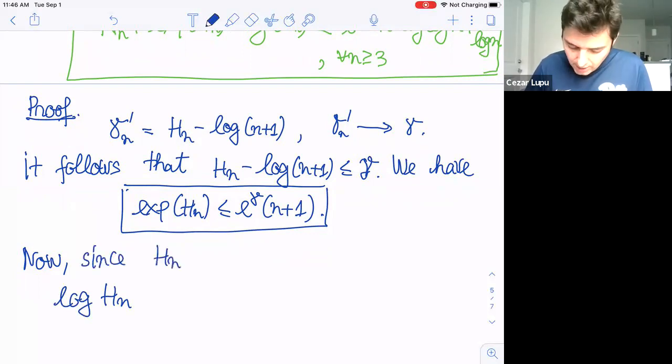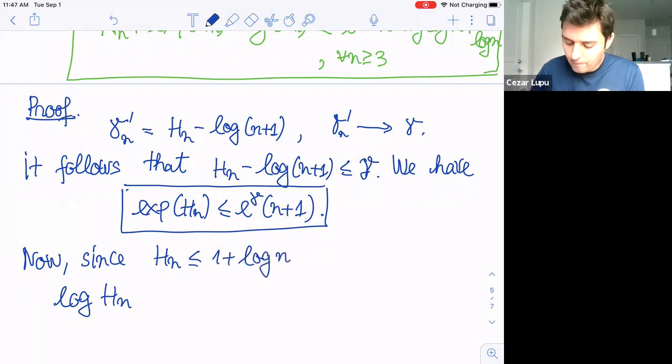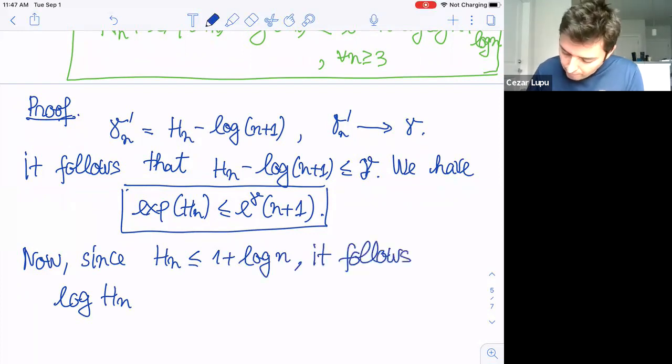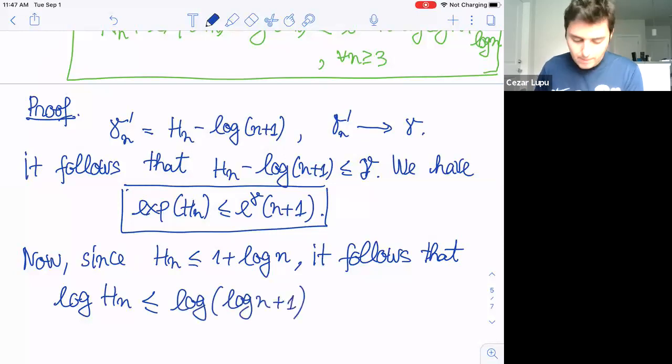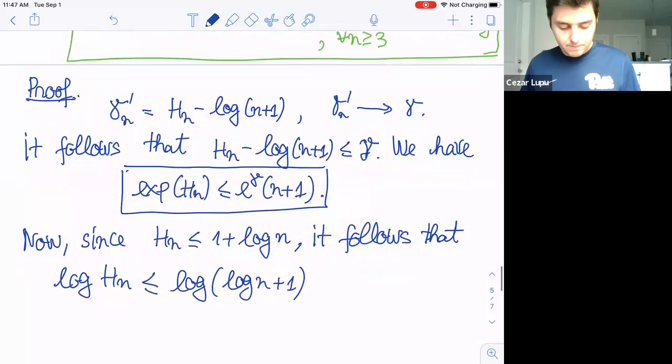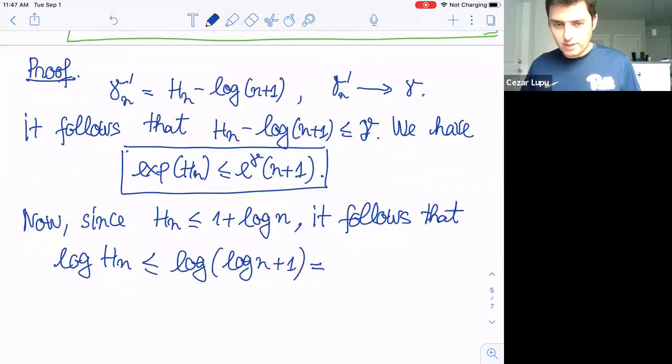So let me say the estimate. Since hn is less or equal than 1 plus log n, right? It follows that log of hn is less or equal than log of 1 plus log n. But now I want to estimate this somehow, and I'm going to do a trick here, and you will see why.